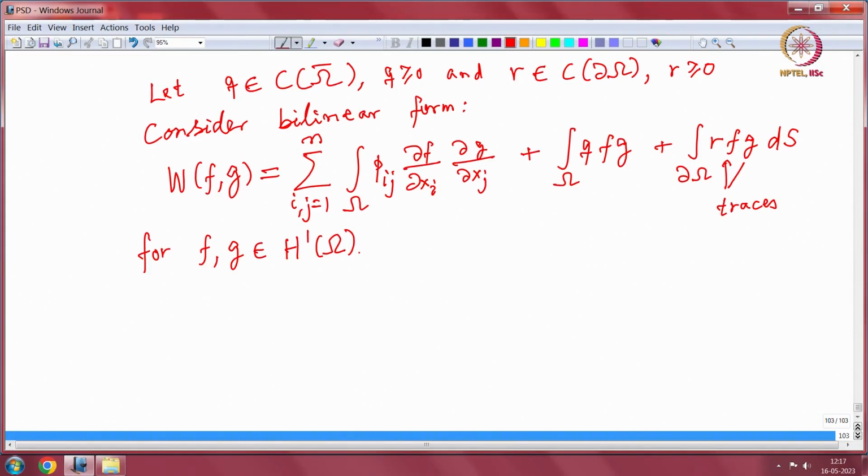So, this is bounded, and all the three. So, this is bilinear. You can check that. So, it is linear in each of the components f and g. Okay. And the norm, so this is a new norm. Let me write that triple norm: the triple norm of f is equal to the square root of W(f, f).